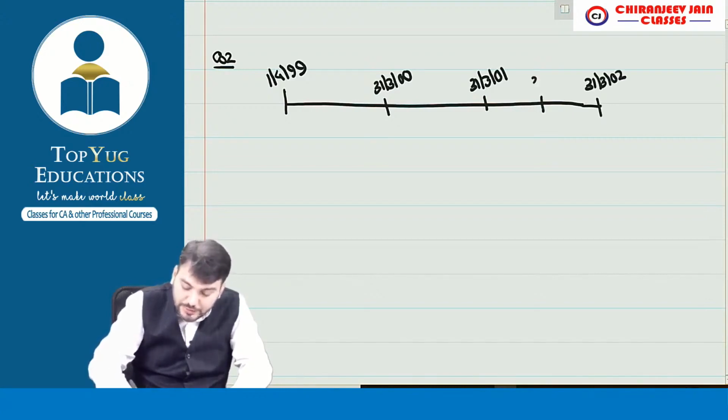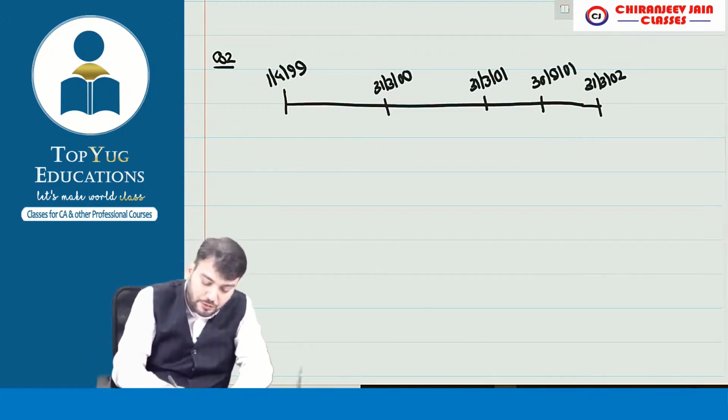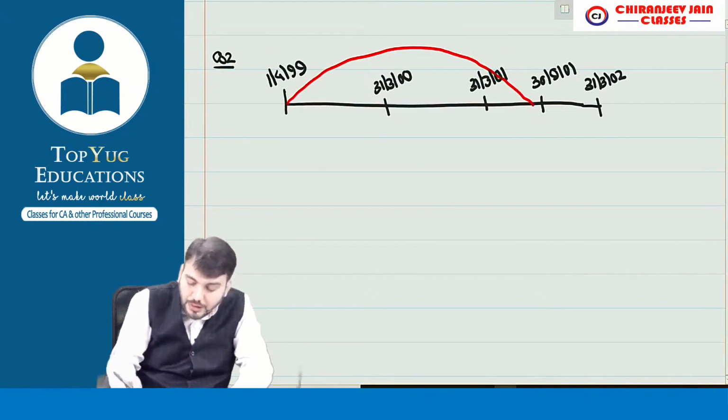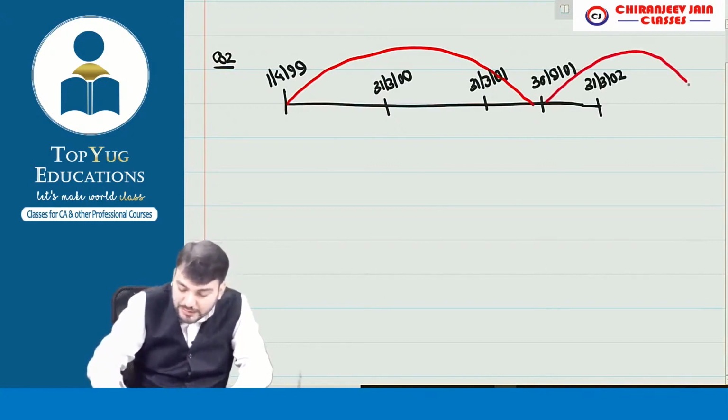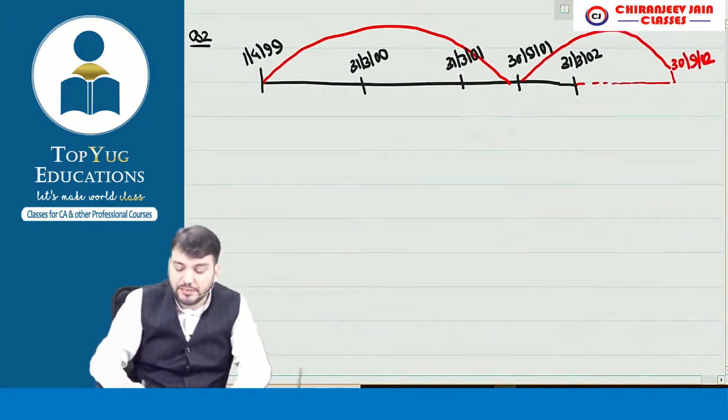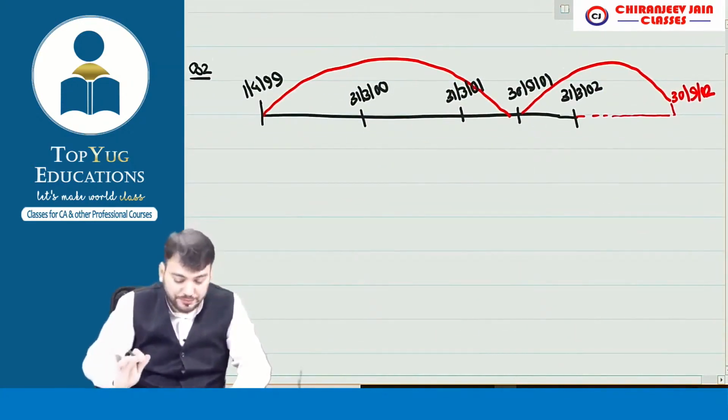And this is 30th September 2001. So can I say this becomes the vesting period, and from this the exercise period will start. So this will be extended 1 year from this, so this will be 30th September 2002. Correct? Understood?